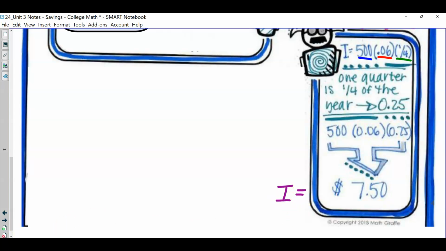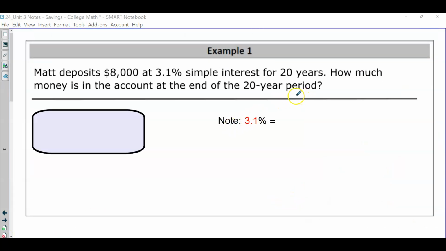Okay. All right, here's another example where you have Matt deposits $8,000 into a 3.1% simple interest for 20 years. How much money is in the account at the end of the 20 years? So want to make sure that you guys are seeing they do say 3.1%. Your notes might be a little bit different. I have this guy.